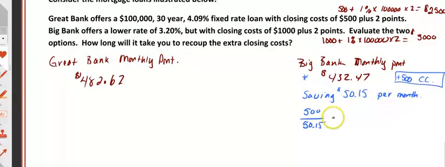And I come up with 9.97, or approximately 10 years. So if I went with Big Bank with the smaller monthly payment but the higher closing costs, then it would take me 10 years to recoup those extra closing costs, that extra $500 I paid.